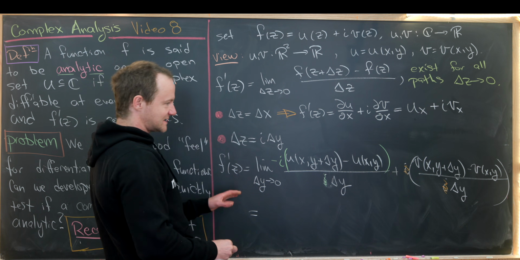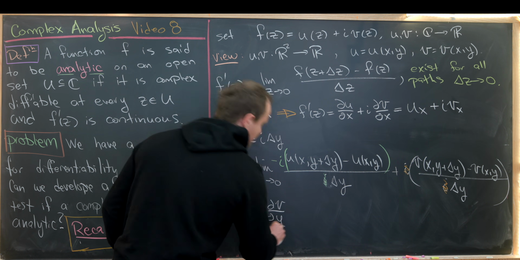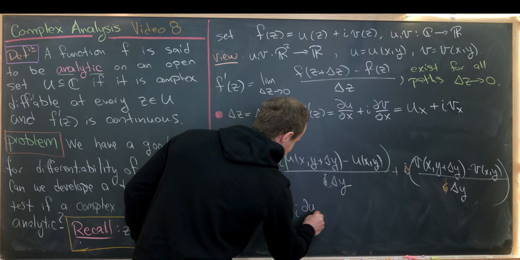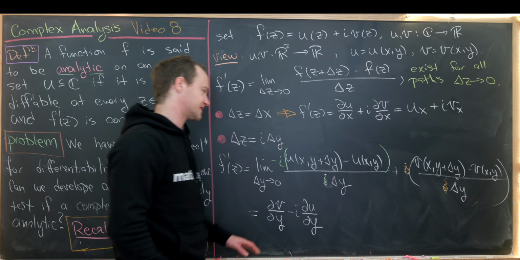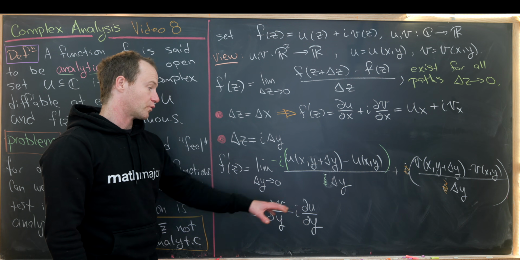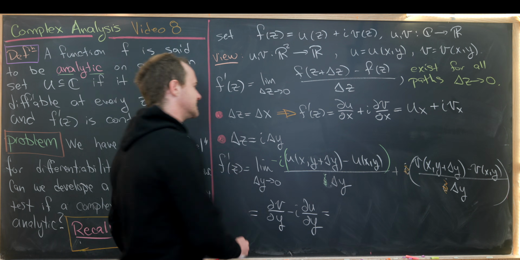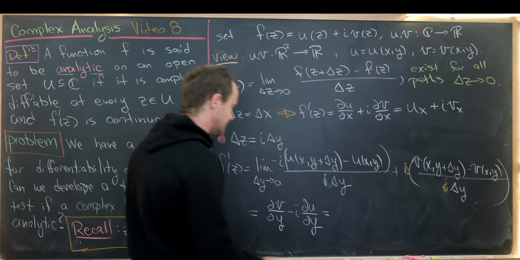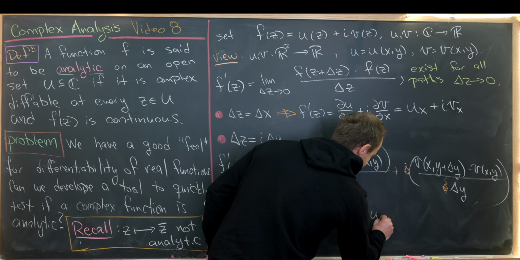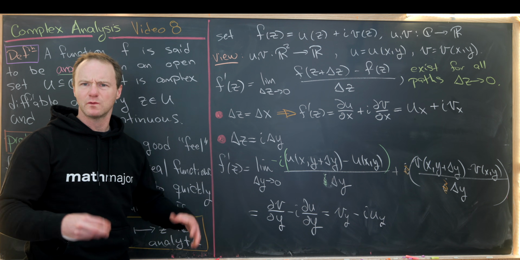But now let's notice that that is the partial of v with respect to y, that's the real part, minus i times the partial of u with respect to y. That's the imaginary part. So the real and imaginary parts have kind of switched here. Now, if you wanted to use this other notation, we would see that this is v underscore y minus i times u underscore y. So now let's bring this fact up, and then we'll see what we have.